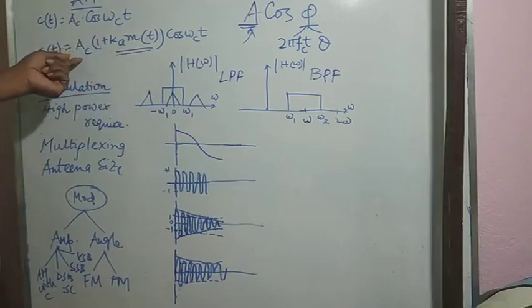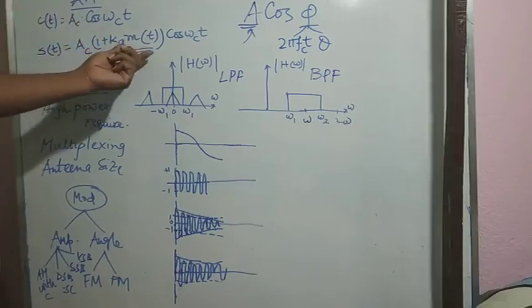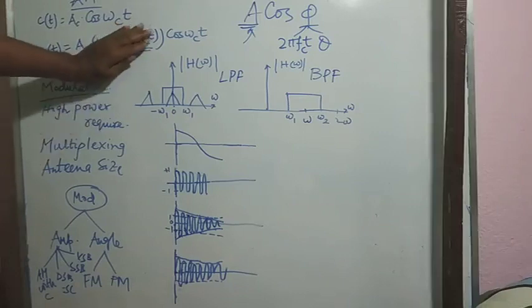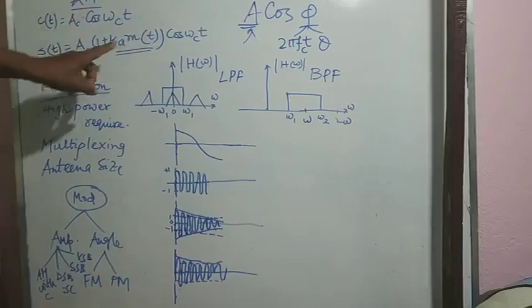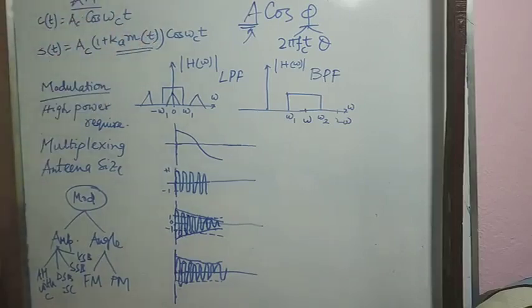You see, the amplitude of the carrier signal is Ac, but we have added another term. It was Ac cos omega t, but the amplitude is varied in accordance with the message signal. There is a constant ka. It is called amplitude sensitivity. So this is our amplitude modulated signal.